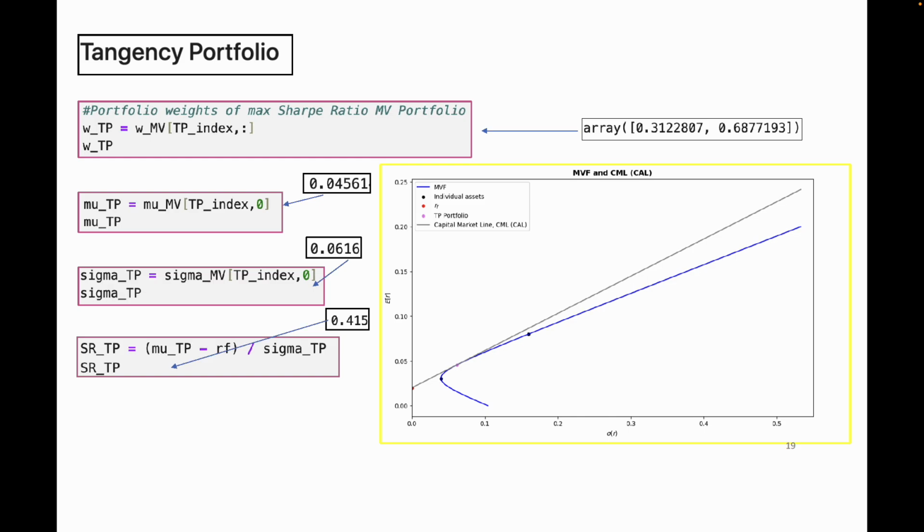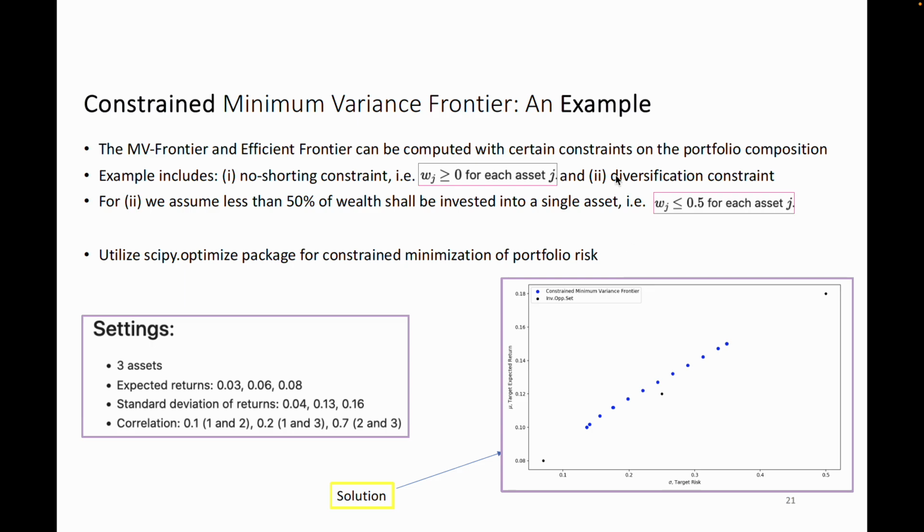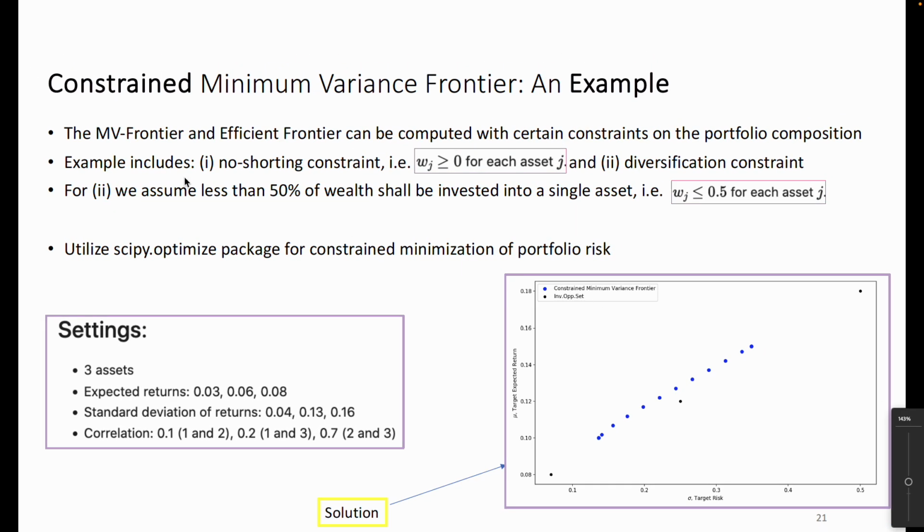Now let's look at the example where I have some, in industry it's called constraints, but here mathematically the proper term would be bounds. I have bounds on my W entries. So we want to compute the minimum variance frontier and the efficient frontier with, and now I put some assumptions.